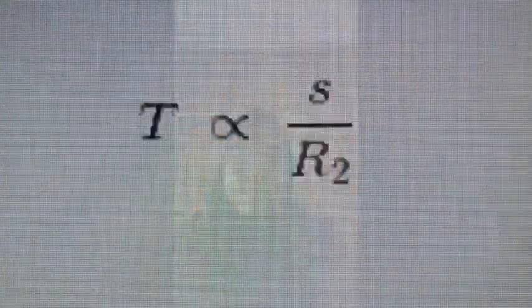In the slow slip region, the term s·X2 becomes very small compared to R2, so it can be neglected, and also E2 is constant. So the equation of torque after simplification becomes like this.